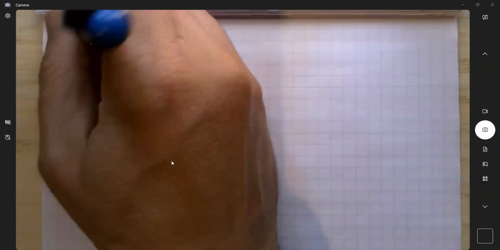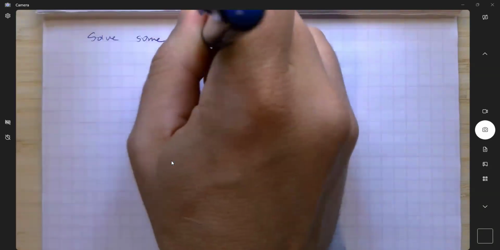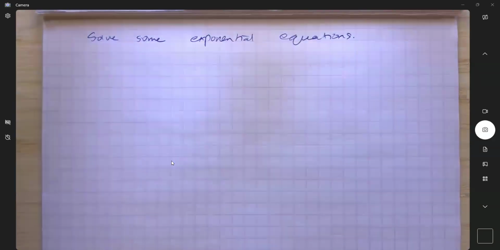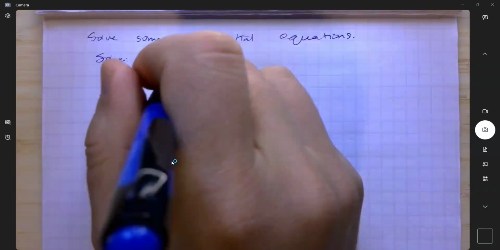We're going to switch gears now and solve some exponential equations. I'm going to do this very differently from the book, so potentially it will be very different from the other videos. But let's start simple.